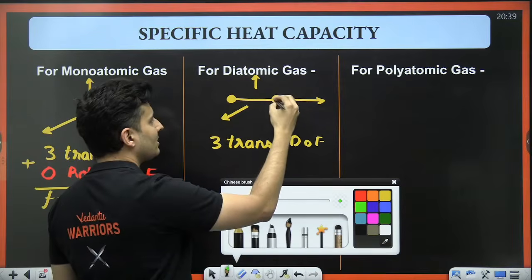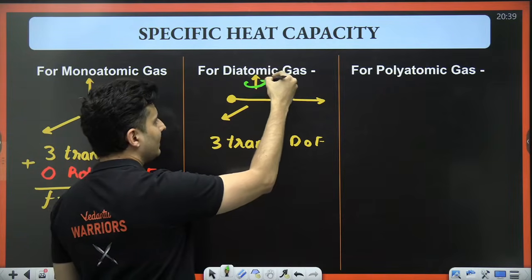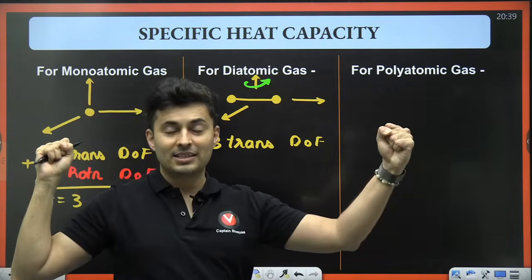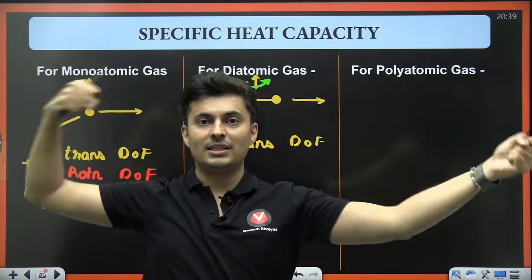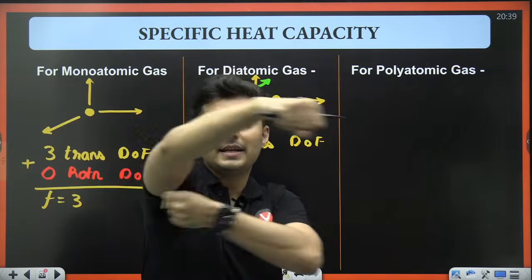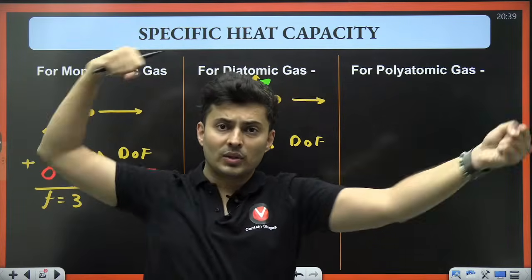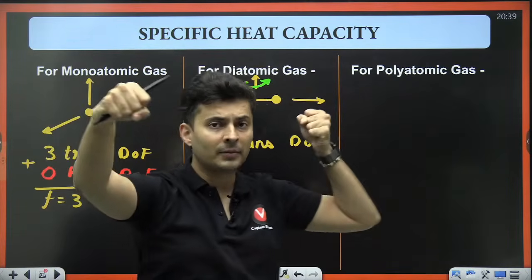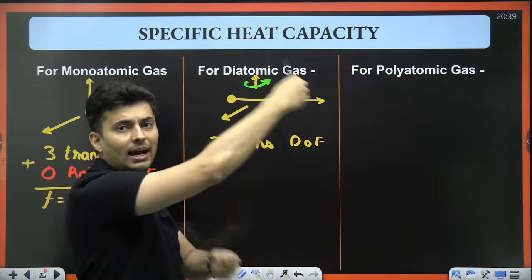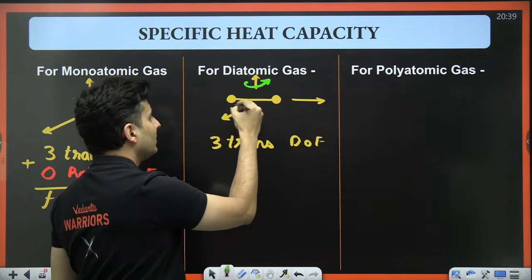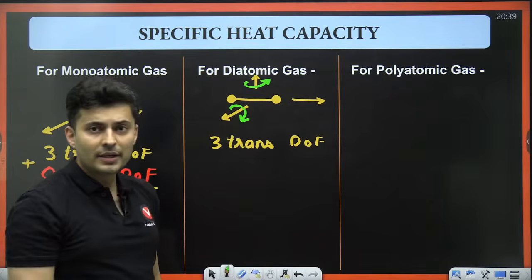Well, if the molecules rotate like this, it's like these 2 masses in the form of a dumbbell going like that. Yes, they are moving in a circle of some radius which is significant, so their rotational energy must be counted. In fact, I can also rotate them like this, then also I will have to count them. So even this rotational degree should be counted.